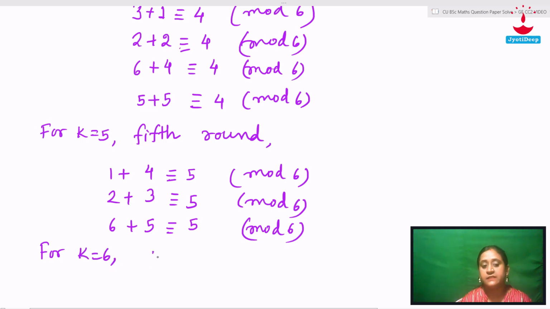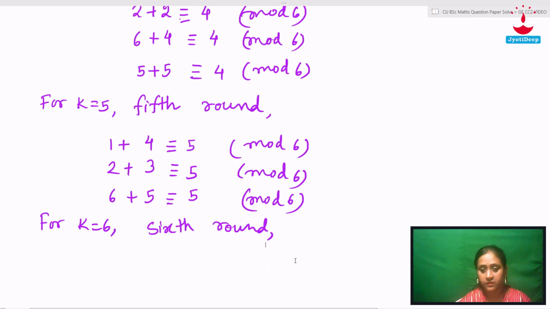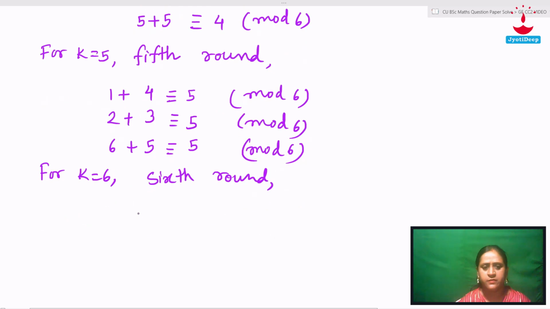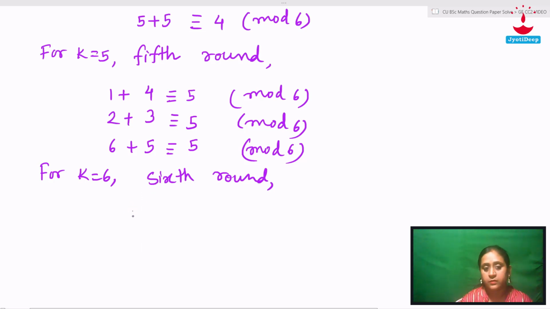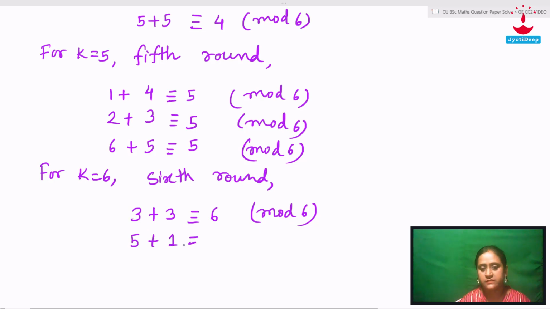Now we will go for k is equal to 6. That is the sixth round, and this is the last round. For the sixth round, we can write 3 plus 3 congruent to 6 under mod 6. Okay, now 5 plus 1 congruent to 6 under mod 6.